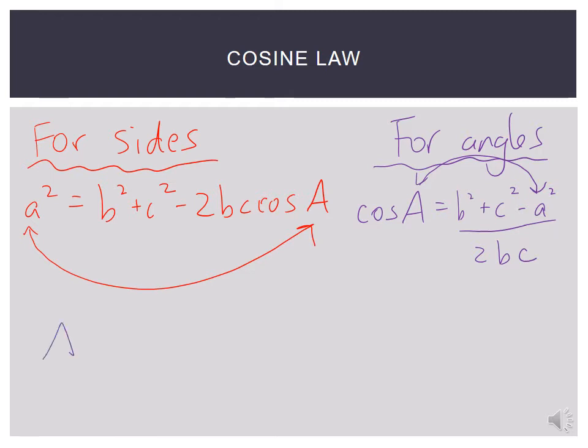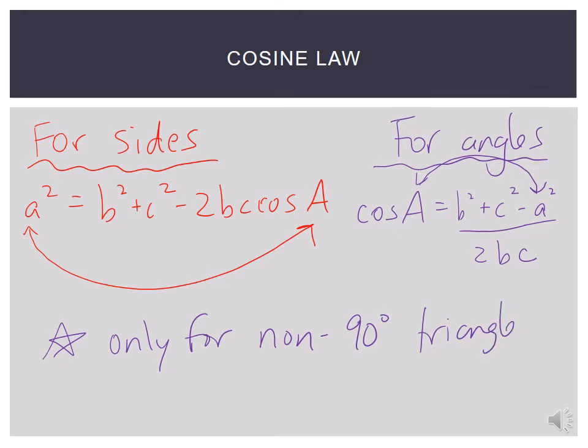Again, of importance here, only for non-90-degree triangles. And cosine law actually is the only formula that you can use if you weren't given any angles.